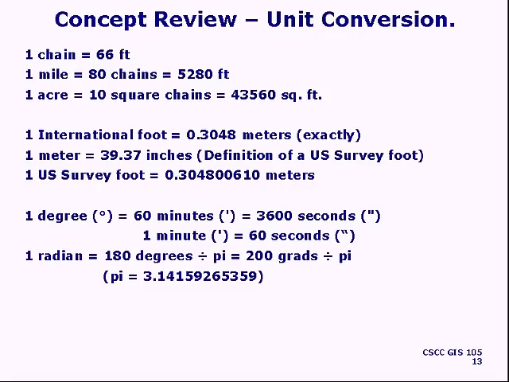A radian. I'm not going to go into the definition of a radian, but just understand that 1 radian is 180 degrees divided by pi. Pi, you hit your calculator and it's just a number.